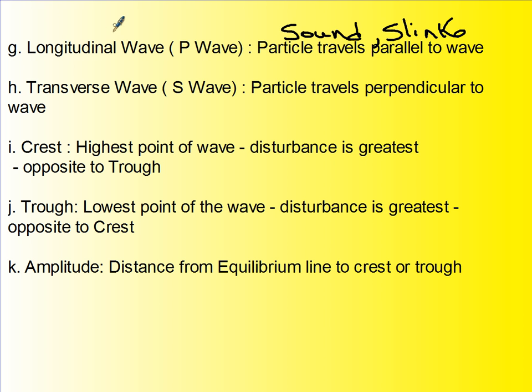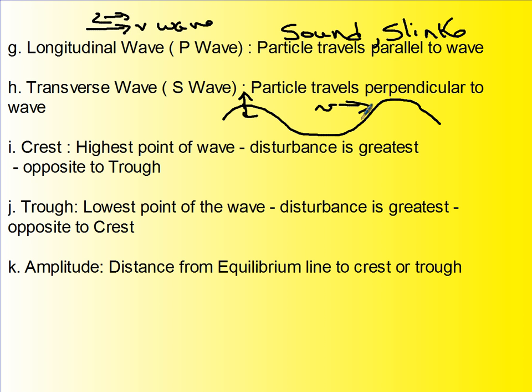So pretty much, if the wave is moving this way and the particles are sitting there vibrating back and forth, that's a longitudinal wave. A transverse wave we usually represent with a sine wave. The particle is moving up and down while the velocity of the wave itself is to the side. So for these, it's perpendicular, while for longitudinal, it's parallel.